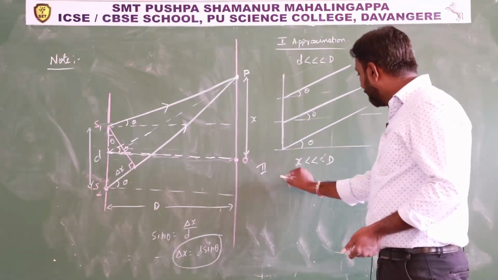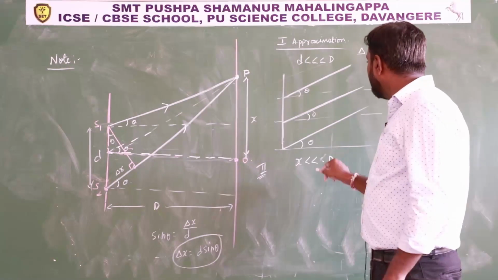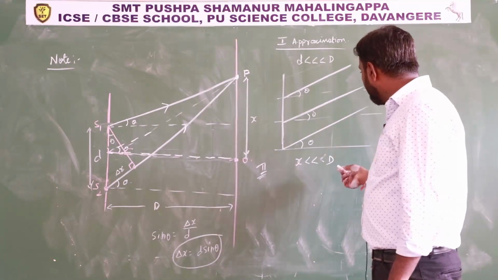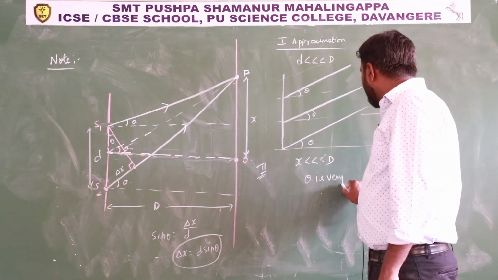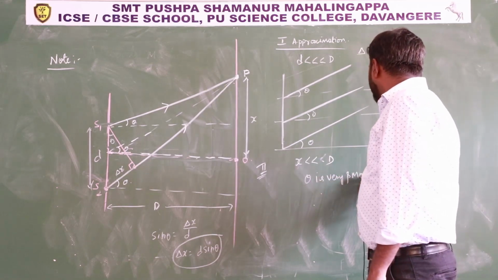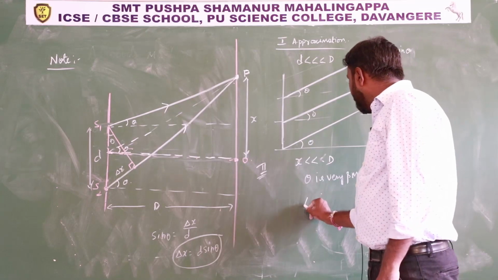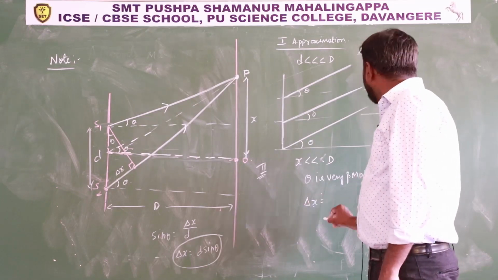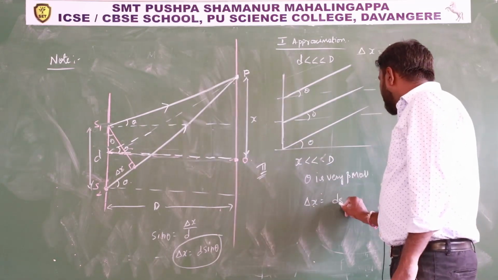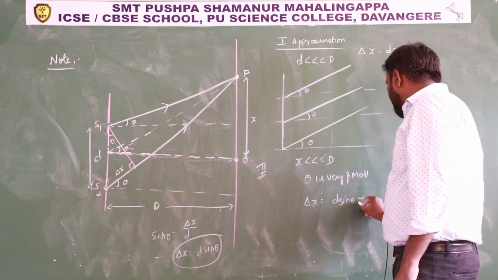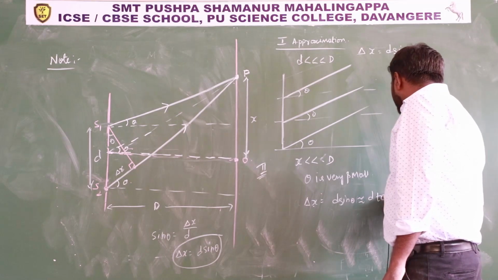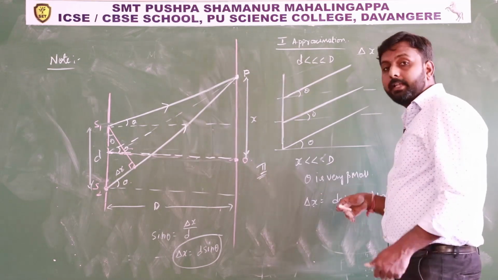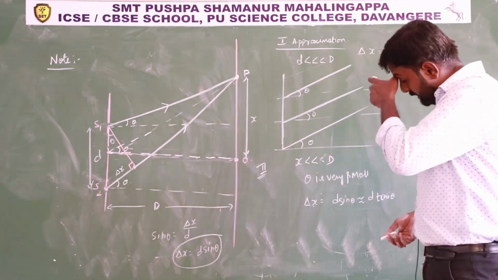So according to the second approximation, x is very much lesser than D, I can consider theta is very small. If theta is very small, then the path difference delta x is d sin theta, and d sin theta is also equal to d tan theta. Theta is small means sin theta is nearly equal to tan theta.